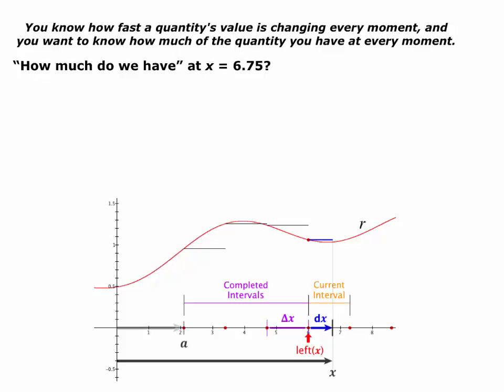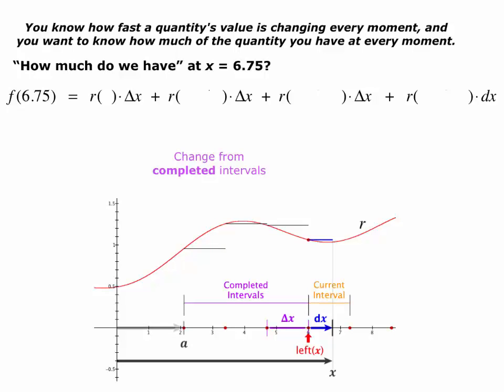How much do we have at x equals 6.75? Well, that's going to be our f of 6.75. And we're going to find that by this principle: m times the change in x for every interval. Because we have a constant rate in every interval, we're going to use our constant rate m times the amount of change, and we're going to add those up. This is basically it.